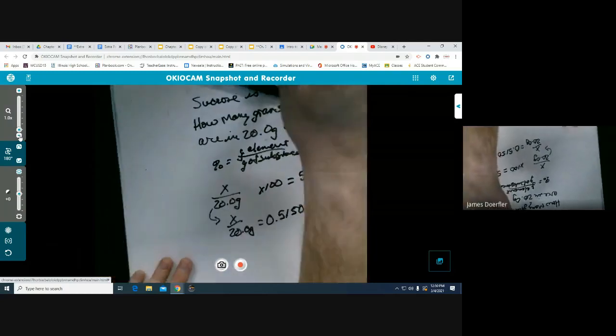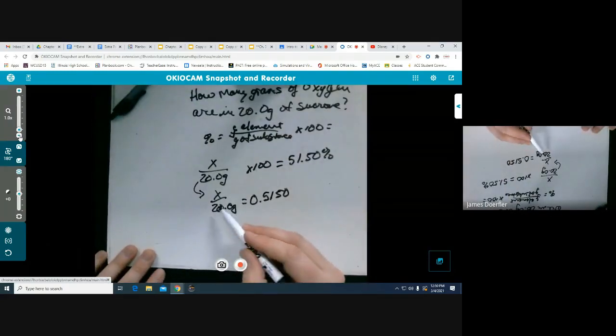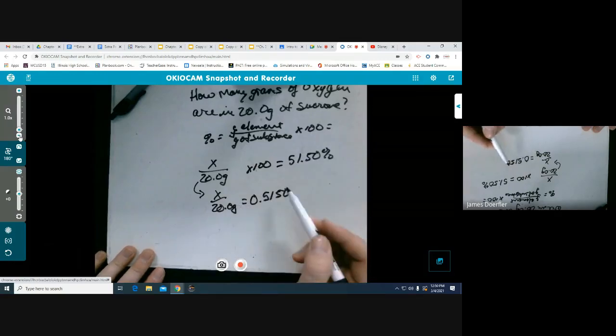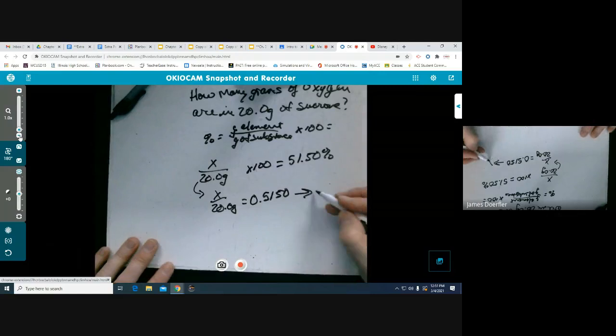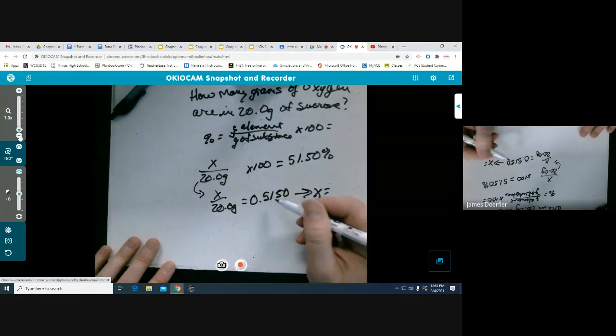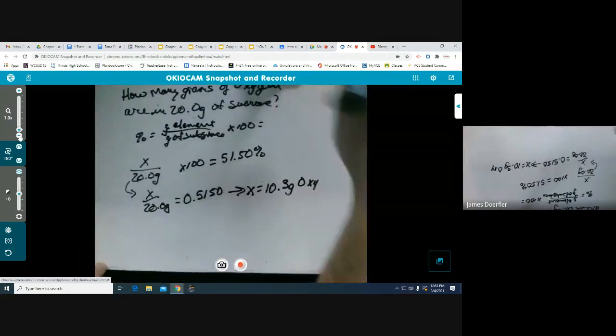And so I'm not quite done yet because I still have to solve for X. So in order to solve for X, I'm going to multiply both sides by 20. And so I now get X is equal to 0.5150 times 20. I get 10.3 grams of oxygen.